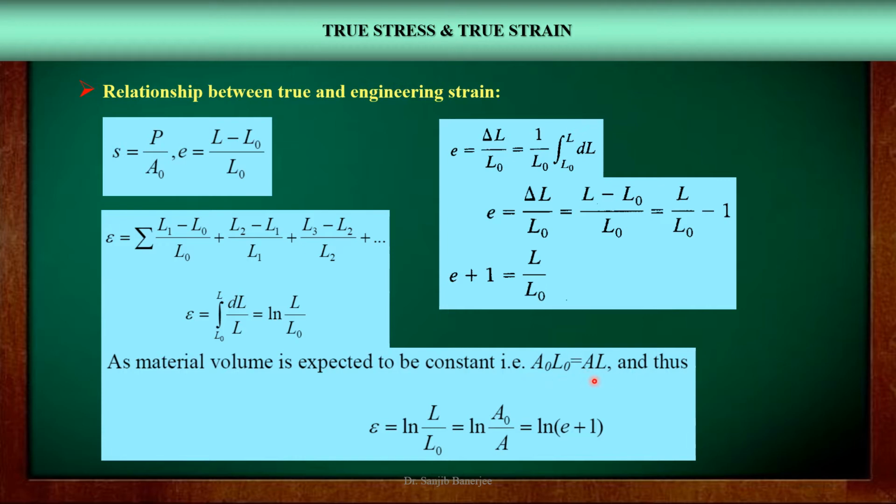So from this relationship, we can get L by L0 is equal to A0 by A. Since the true strain epsilon is given by log of L by L0, it can be rewritten as log of A0 by A, and which is equal to log of E plus 1, because we know that L by L0 is equal to E plus 1.